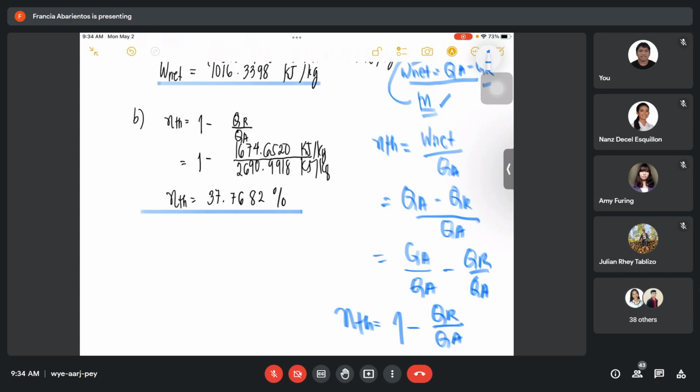Okay, so that is possible, class. In a regenerative cycle, usually what we look for in the work net is the heat added from the boiler and the heat rejected.